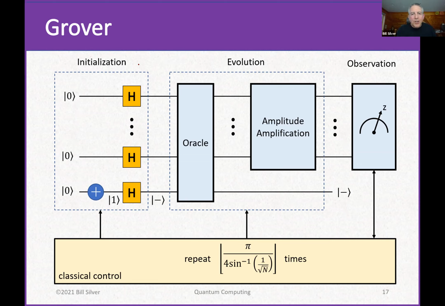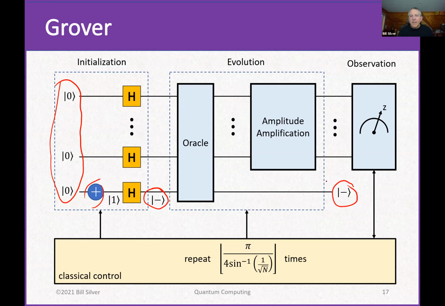And the initialization looks like this. We start off with everything in quantum state 0. We're going to be using a NOT and a Hadamard gate to create this minus state, because we know that if you feed that into your quantum oracle, it can mark the winning state, the one we're looking for, by making it negative. So we need that. And we also know by the phase kickback that we looked at, that the action of the oracle preserves this.